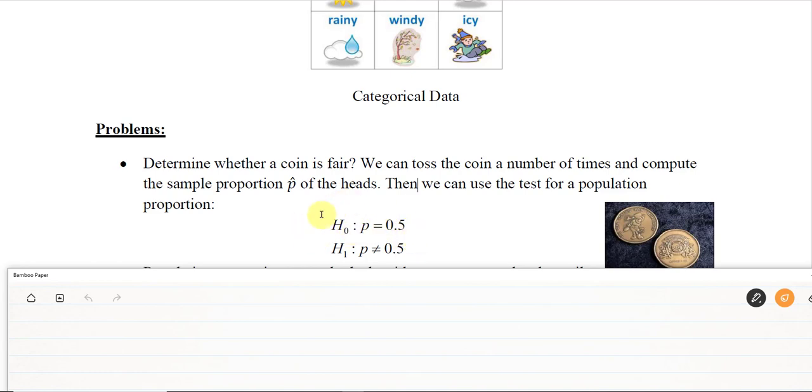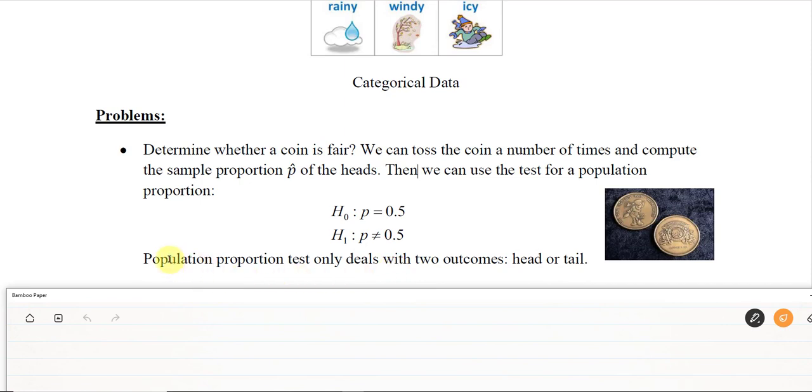And if your null hypothesis is not true, then they may be different, right? You could get the tail or you could get the head. So your proportion is different from 0.5 or it is different from 50%.